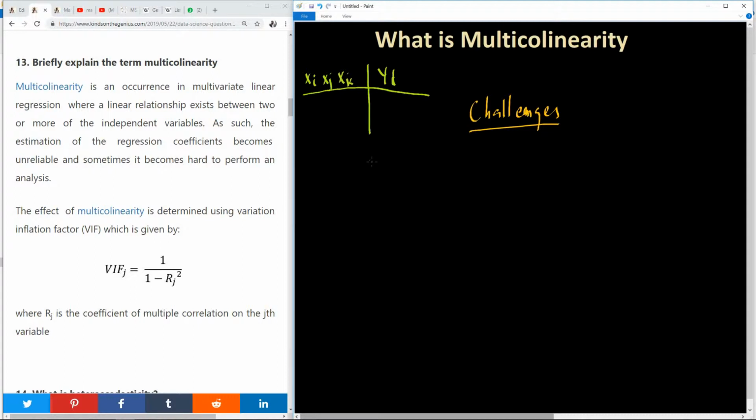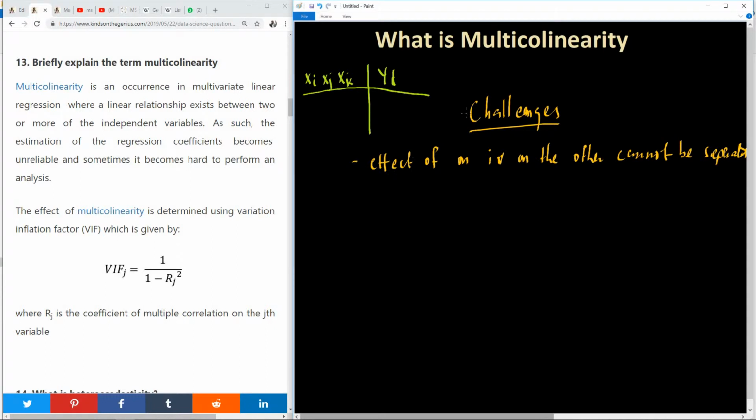So we can say the effects of one independent variable on the other cannot be separated.